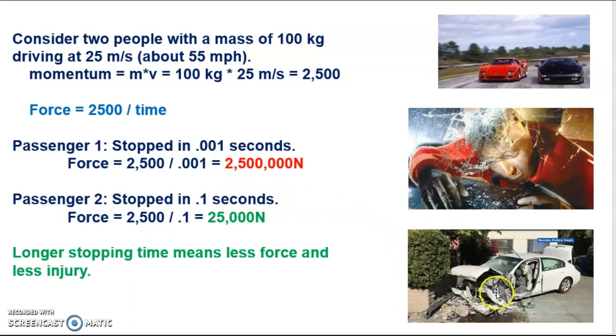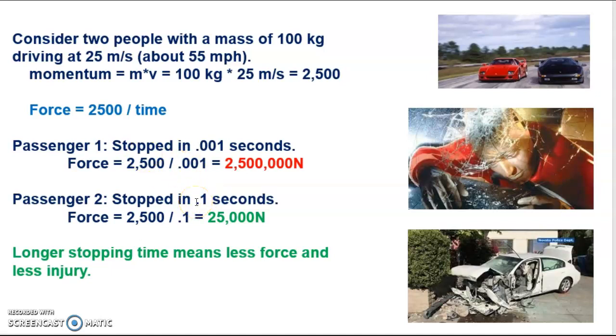In a second case, let's say a driver is wearing a seatbelt and there's perhaps an airbag in the car and the front of the car crumples, and all of this stuff happening means that the person comes to a stop more gradually. So this person in this car crash still stopped fairly quickly, but not nearly as quickly as the first passenger.